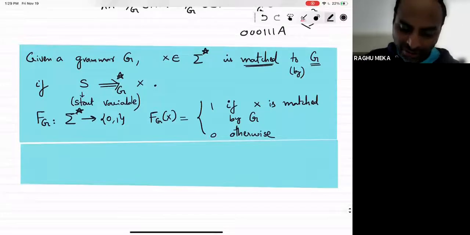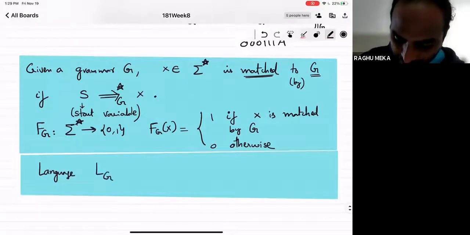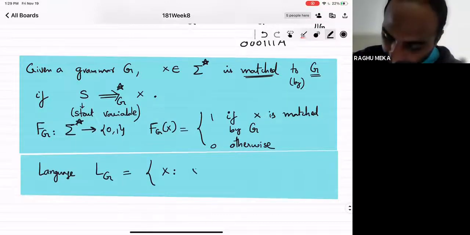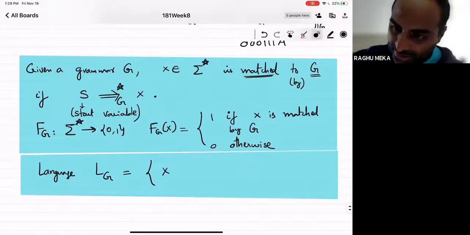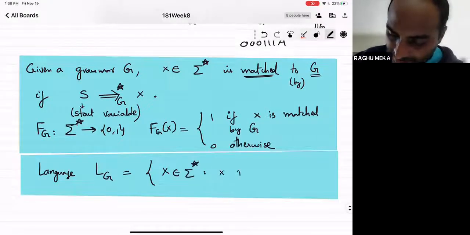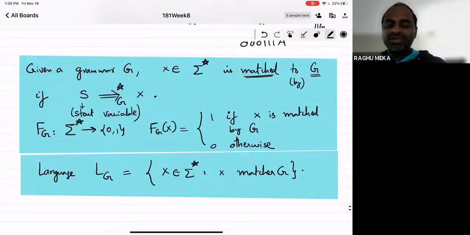We have a function. We can also define the language of the grammar as all those strings which are derivable from the start variable. I should say X is a string just of terminals such that X matches G. And these are called context-free grammars.